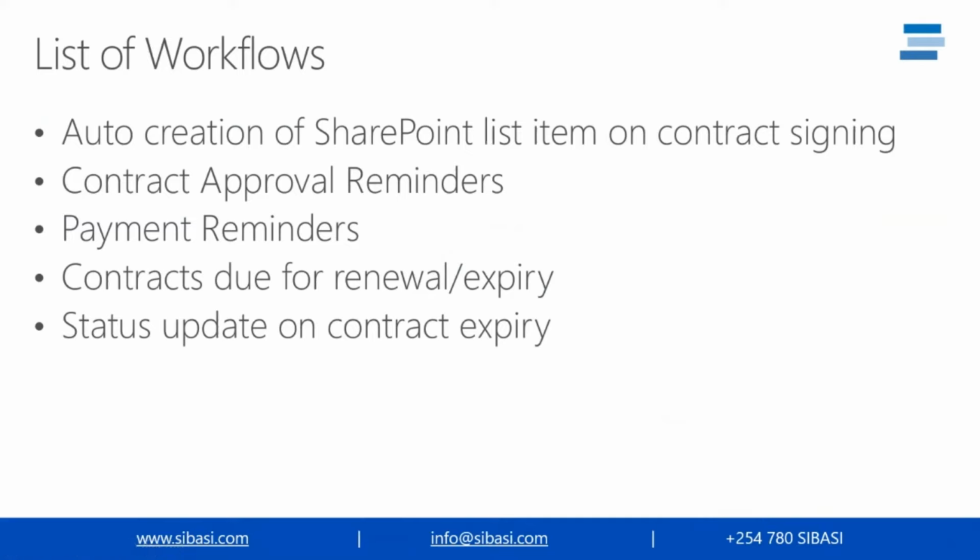And then we have contract approval reminders. This one is for internal approvals. In case your approving manager failed to approve the contract internally so that it's sent out for signing, we have the workflow for reminding the specific assigned approver for that.